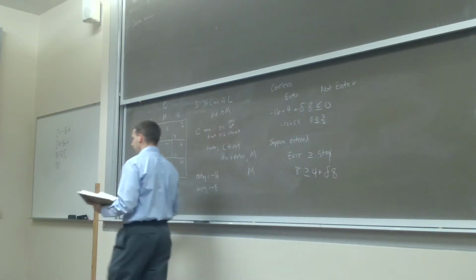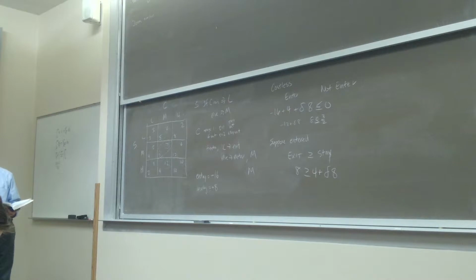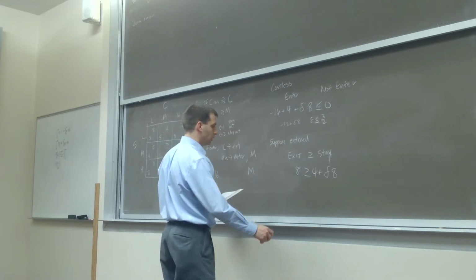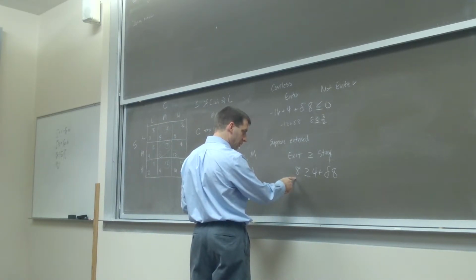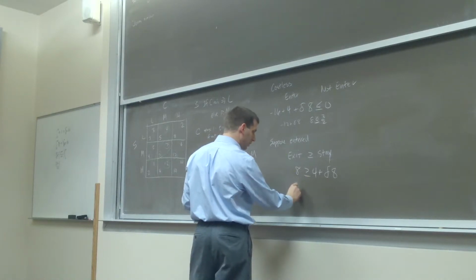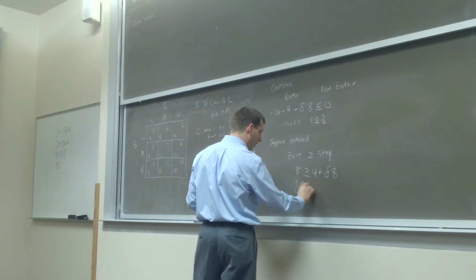Because I should have exited earlier. Isn't that right? And so what's going to be true in this one? Delta must be greater than, no, less than 1/2.